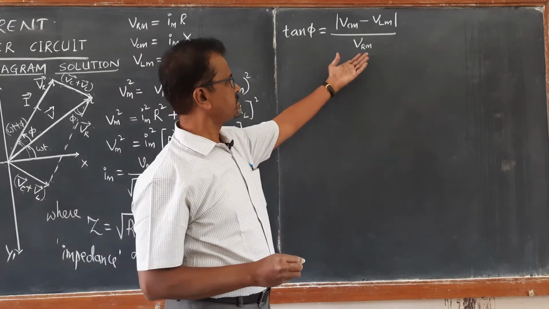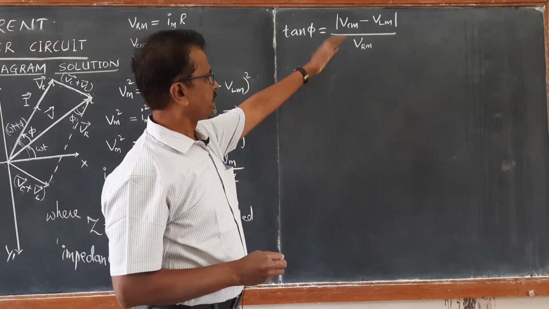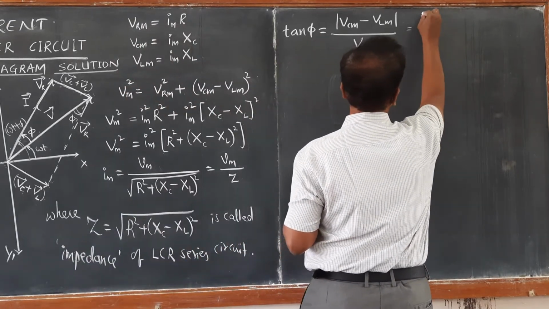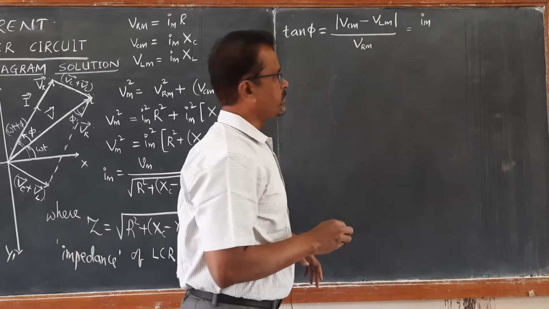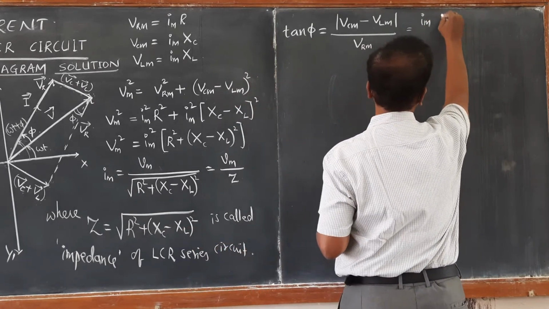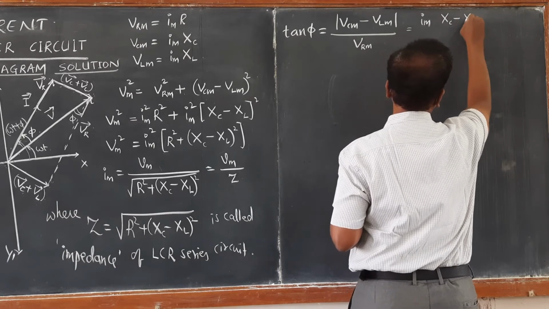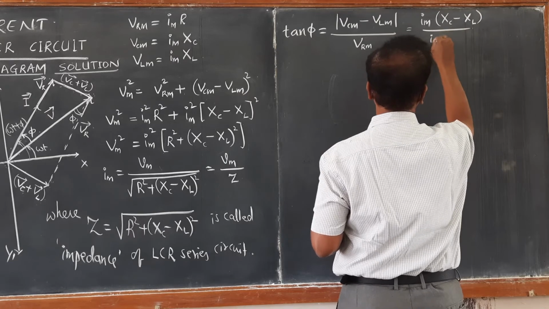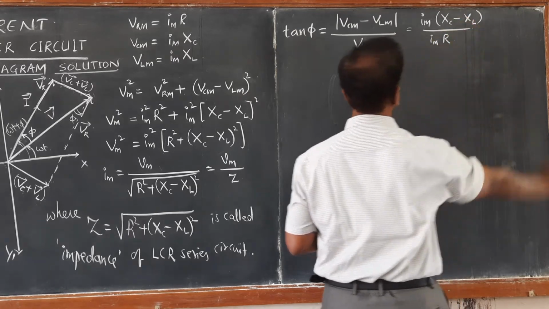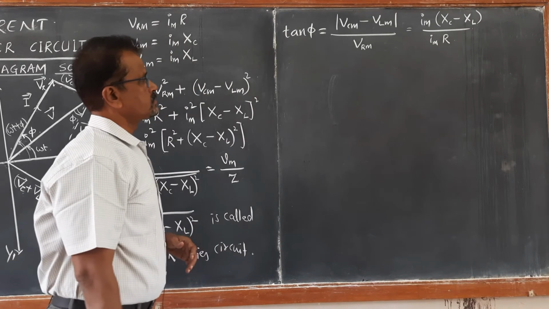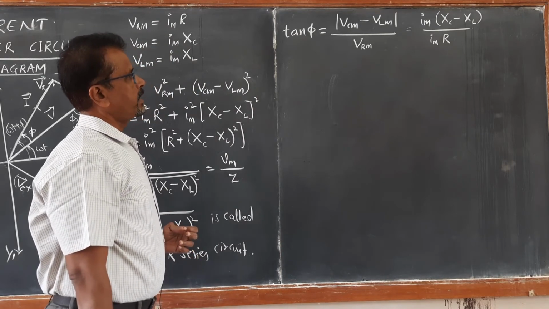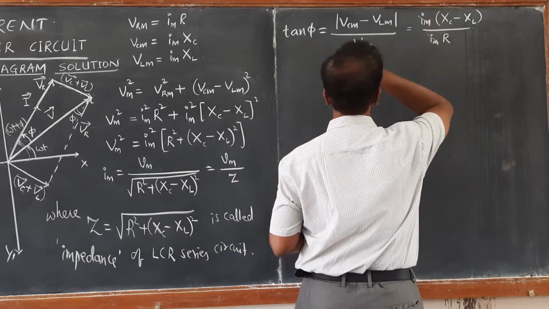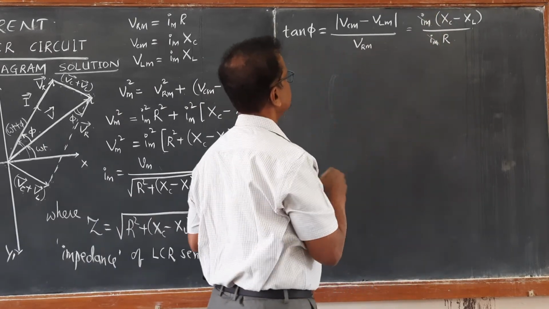In this, if you take IM as common, then you are left with XC minus XL by IM into R. IM cancels.